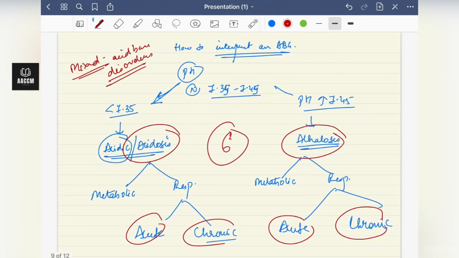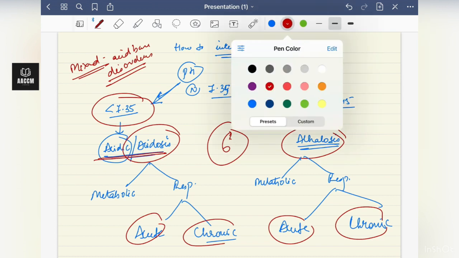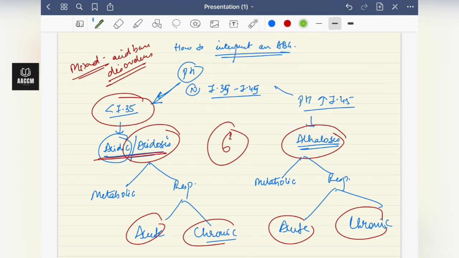So coming back to the previous thing, in the pH of less than 7.35, if it's acidosis, and if it's the bicarbonate that is decreasing, it is called metabolic acidosis. Okay, in the alkalosis picture, if the bicarbonate is increasing, it's called metabolic alkalosis.